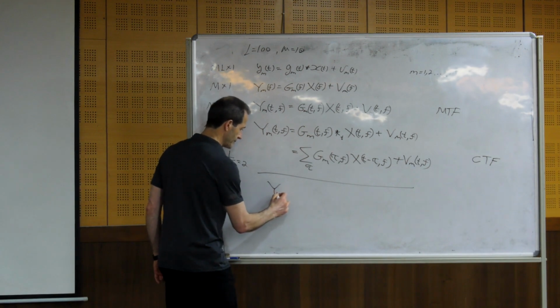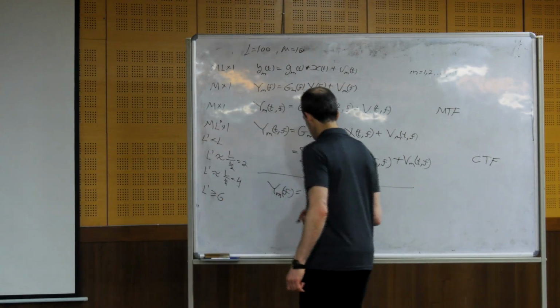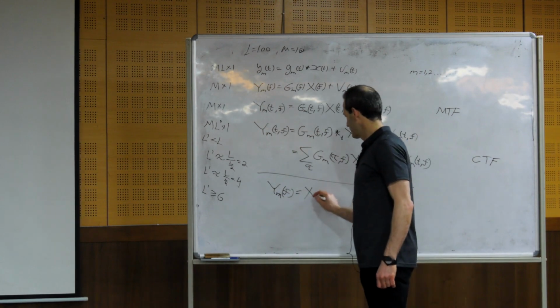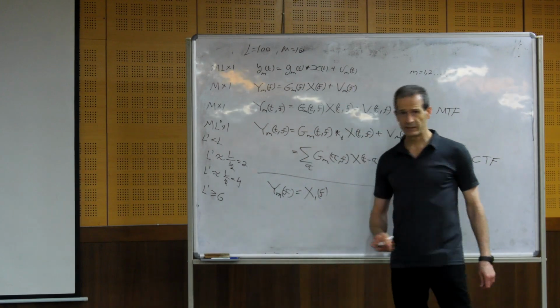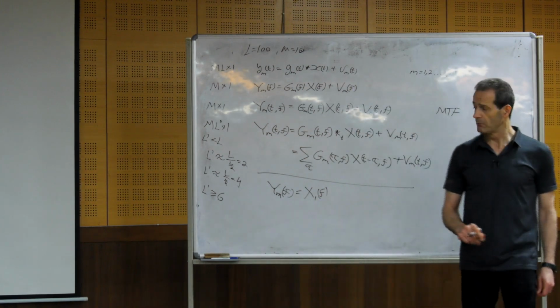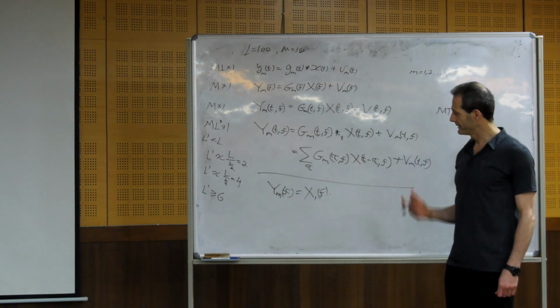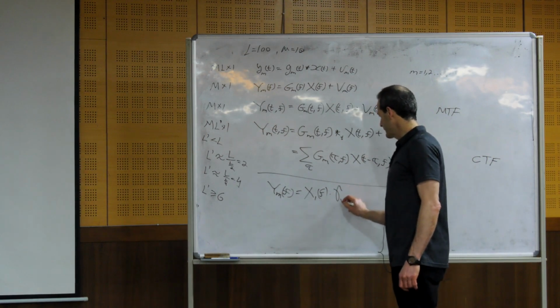Y_m(f) is written by the desired signal in the reference sensor multiplied with some value. And this value is the correlation between x1 and xm.